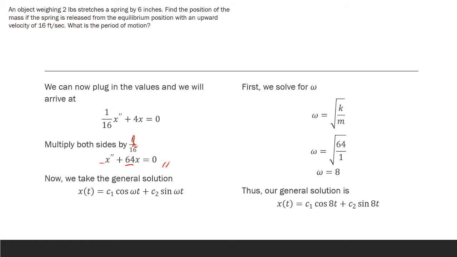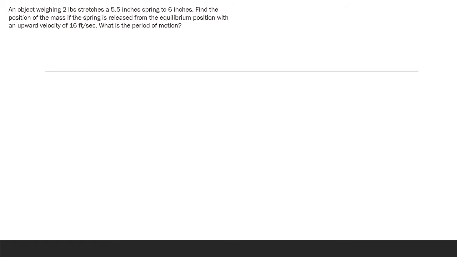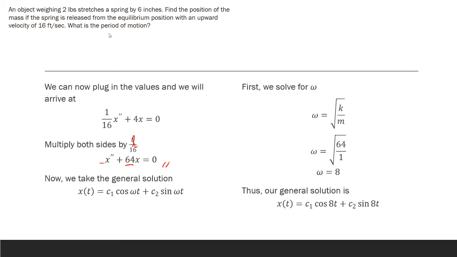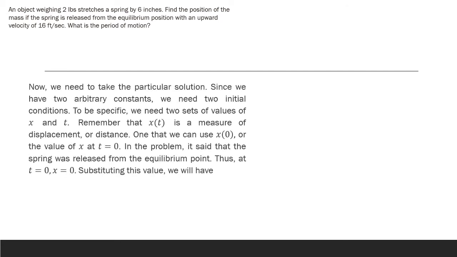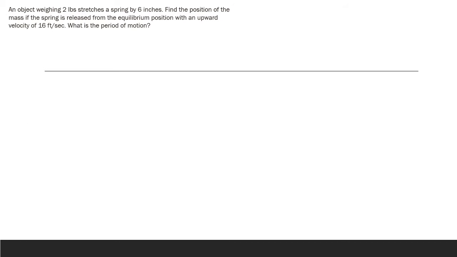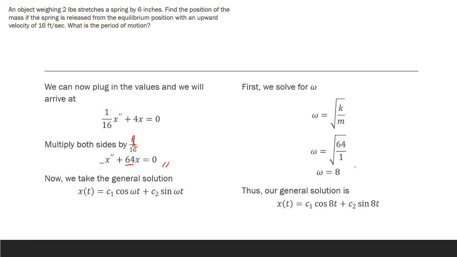Now, we have to find the particular solution. To find the particular solution, we need to substitute our initial conditions. Now, from our nakuwang general solution, we have two unknowns or two constants rather, that is c1 and c2.